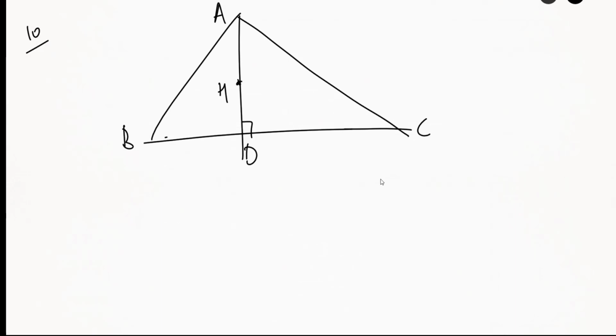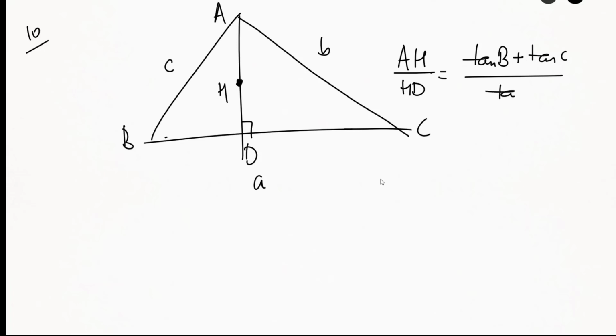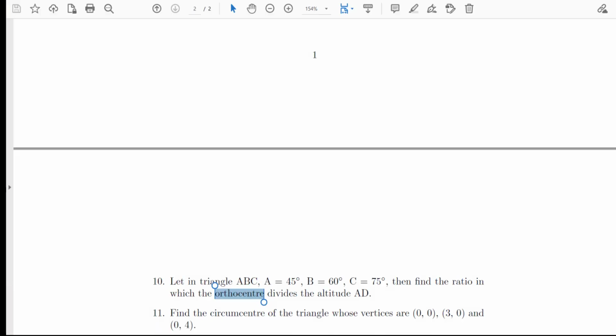When angles are given, the ratio for the incentre we know, right? What is the incentre? It divides the angle bisector in the ratio B plus C over A. A similar pattern we have here also. AH over HD is tan B plus tan C over tan A. Just put the values.